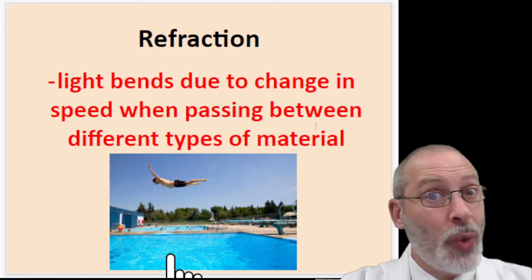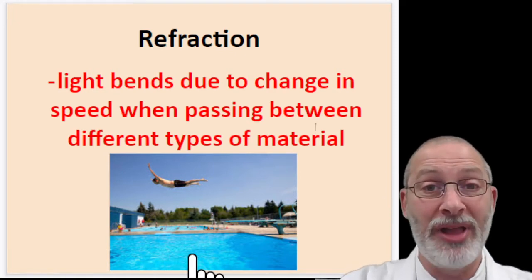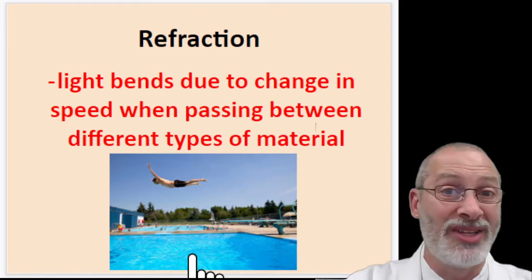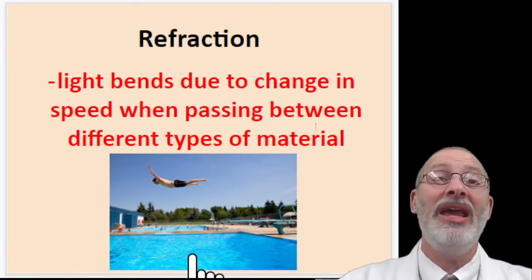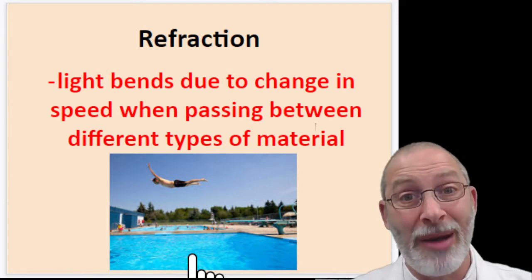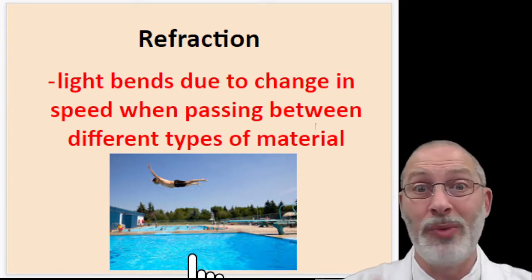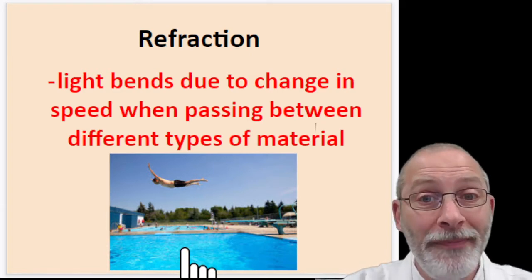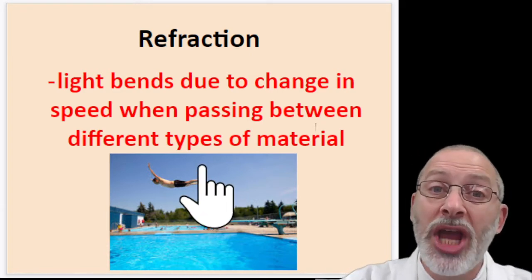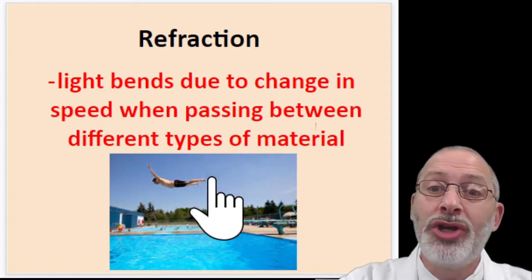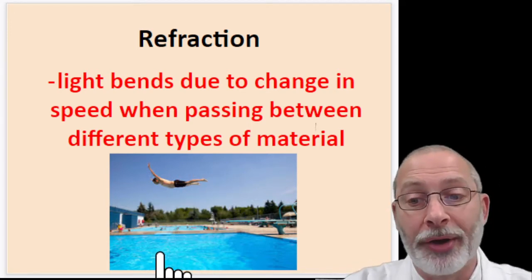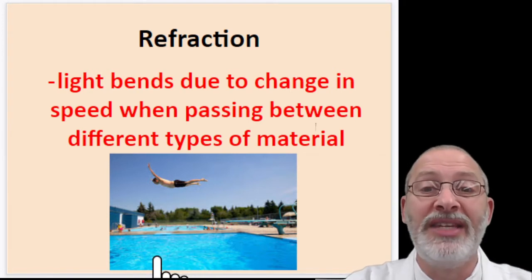Now, not as quickly as if he would have belly flopped onto concrete, because that would make his velocity stop altogether, and it would make his brain and heart stop altogether as well. So we don't even want to think about that. But if you belly flop into the water, your velocity is changing as you go from air to a liquid, to the water. You slow down because of density.